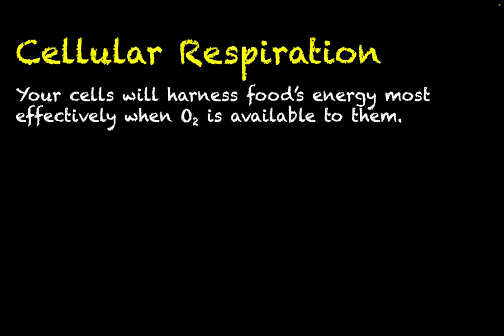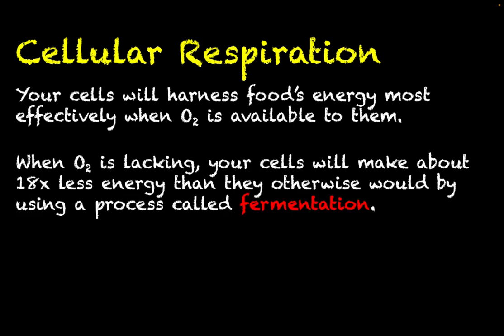So, like I said, your cells are going to harness the energy in food most effectively when oxygen is available to them. When oxygen is lacking, when your body does not do a good job of delivering oxygen to the cells of your body, or you stop breathing or whatever, if you're hypoxic, then your cells are going to manufacture about 18 times less energy than they otherwise would.